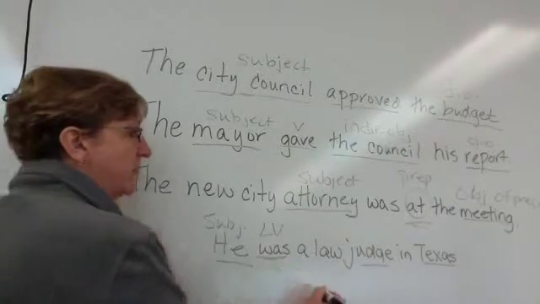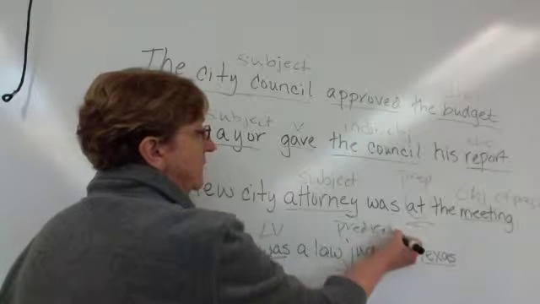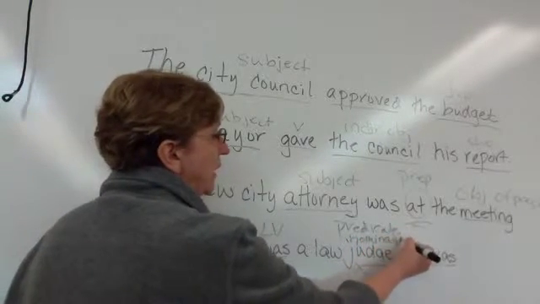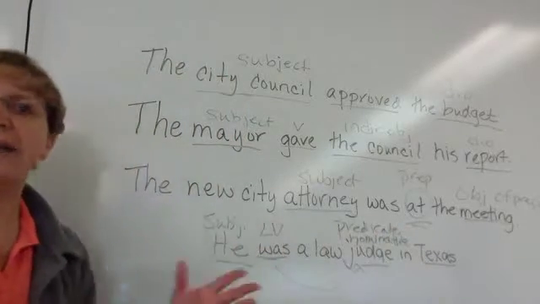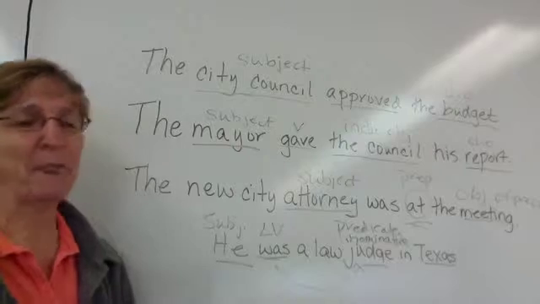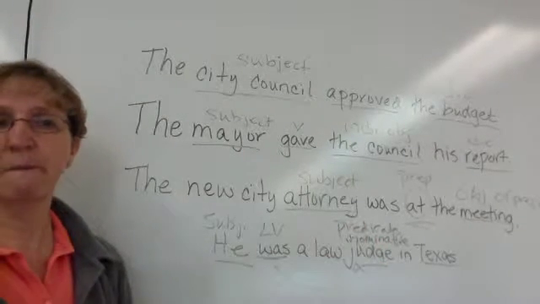So a noun after a linking verb is called a predicate nominative. It's in the tutorials, so take a look at how it's spelled. And there's your college money right there, because you get this nice big word to learn. Predicate nominative means a noun after a linking verb.